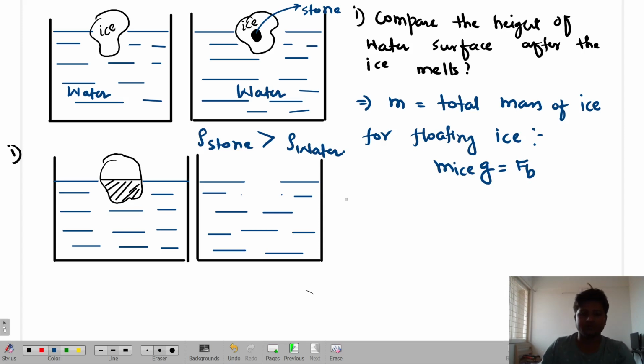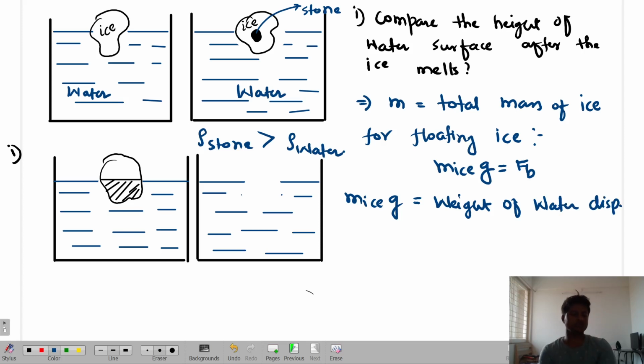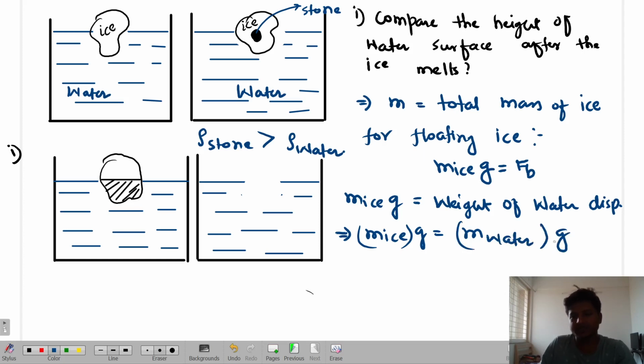But what is buoyancy force? Mass of ice into gravity g is equal to the weight of water displaced. This is what was told by Archimedes. So mass of ice into g must be equal to mass of displaced water into g, isn't it?